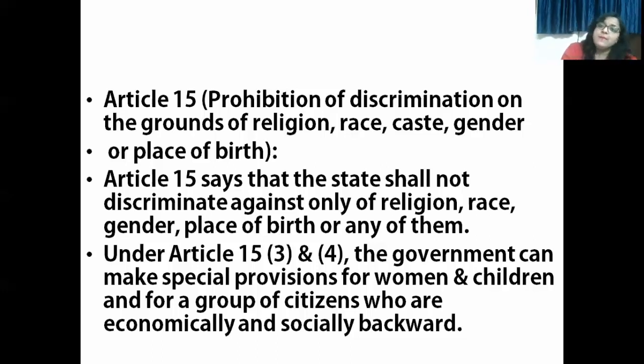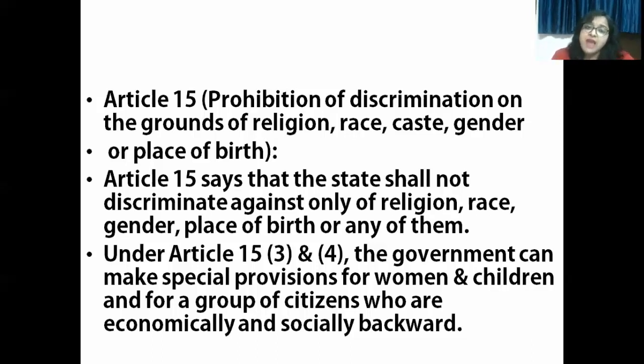Now take the example of women. We can take this example from the year 1992. In that year, special provision was made for women and they got one third of the total seats in the local self bodies. And we take the example of provision for children.